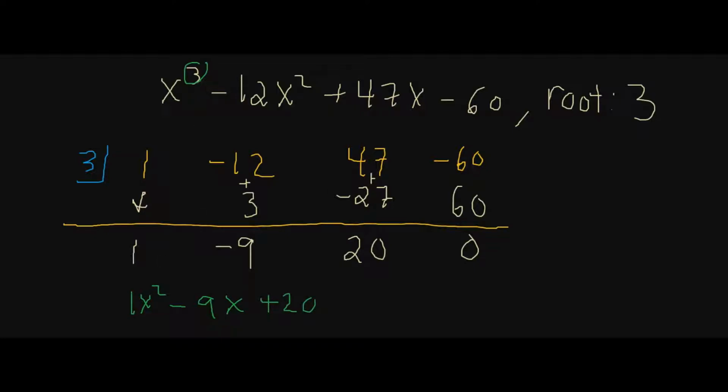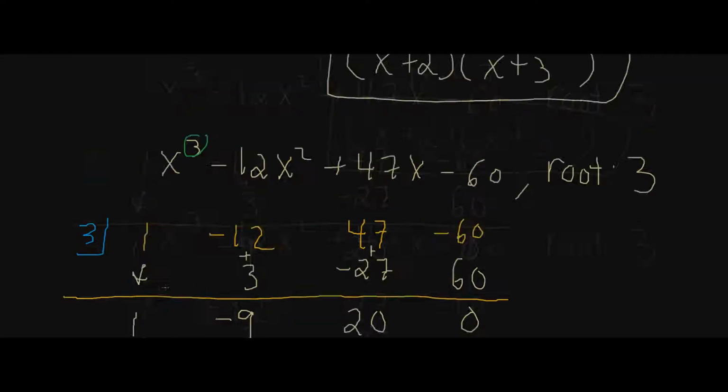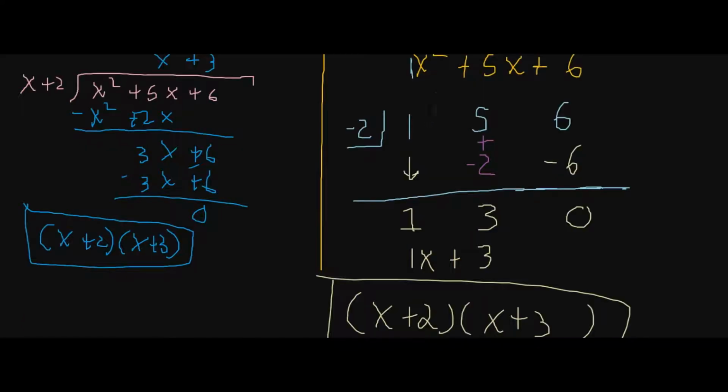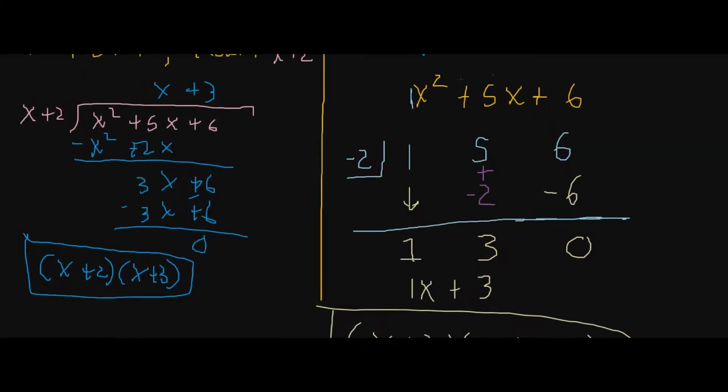All right, because this is x to the third, that means when we do the synthetic division problem, this gives us our quadratic equation 1 less. 3, this is going to be 2. Right, over here it was 2. This problem over here was 2. And that's why over here it was just x, because there's kind of like a 1 there.